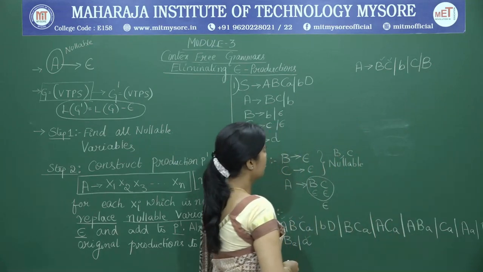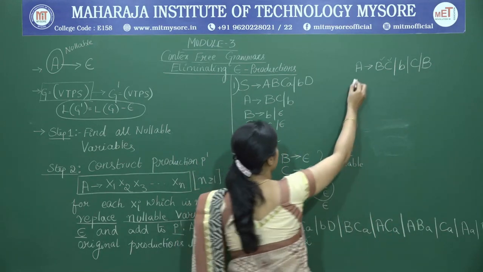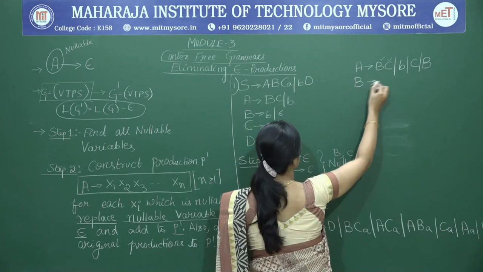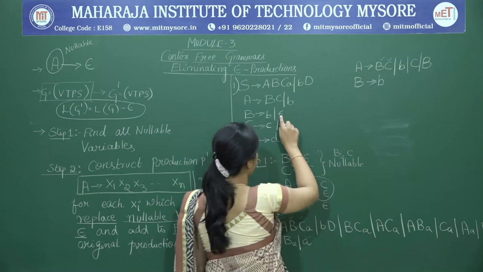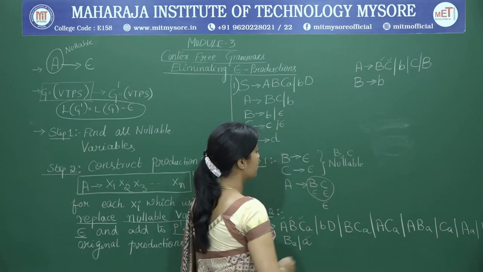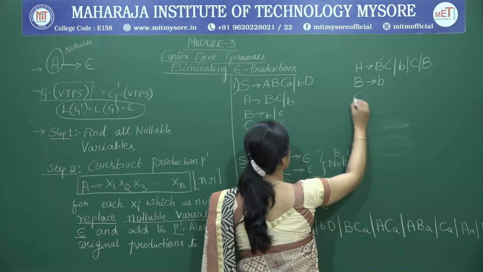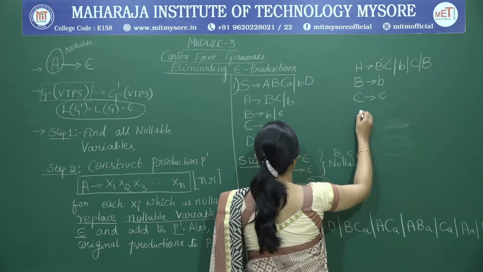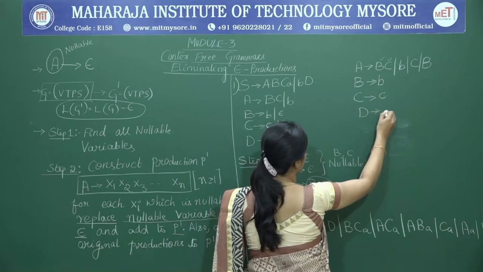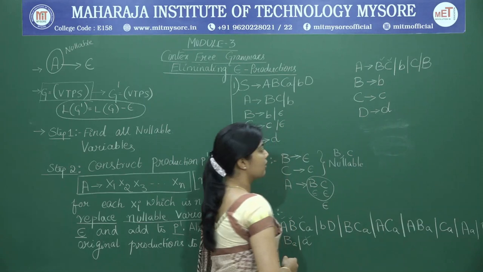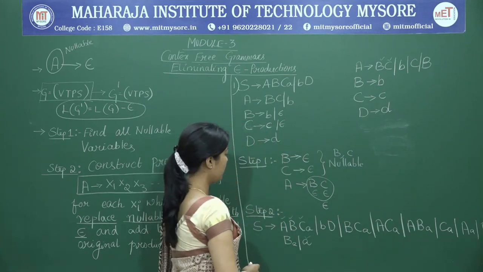So this is the end of A production. Next, B goes to, we just write B. Epsilon is not written because we are generating alternate productions that will give the same meaning. Then C goes to small c and D goes to small d. So these are the different productions of the new grammar G dash.